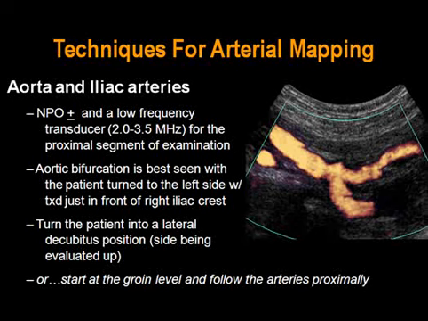My preferred method of evaluating the iliac arteries, however, is to start at the groin level using a linear array transducer and then to follow the arteries proximally to the level of the aortic bifurcation. Either one of these techniques will work, and occasionally we'll use combinations of both techniques.